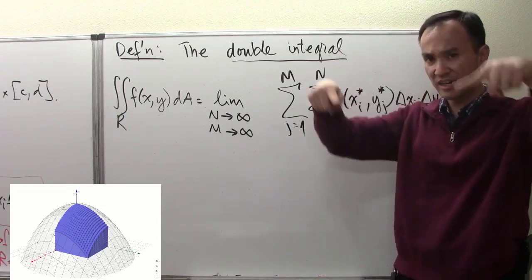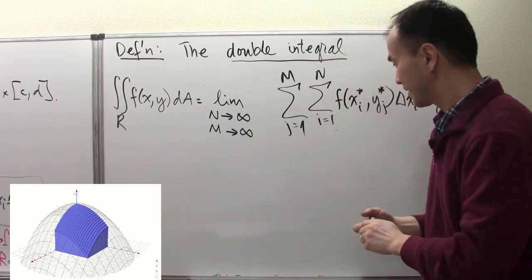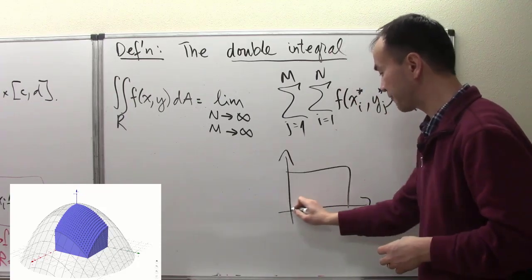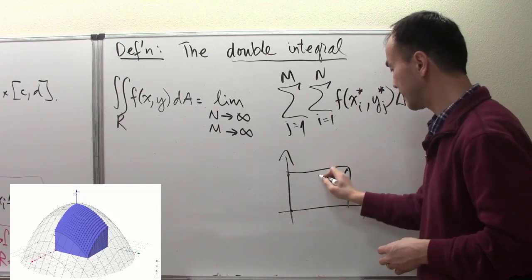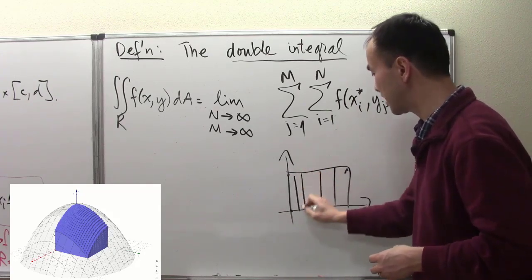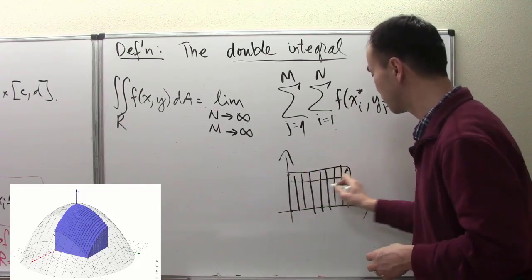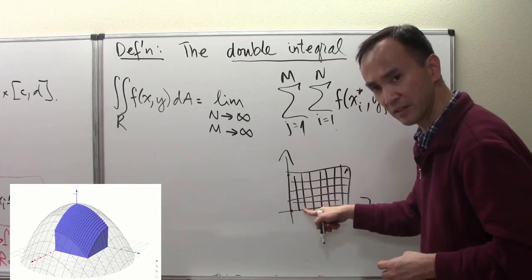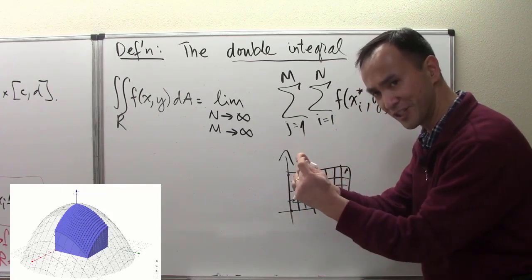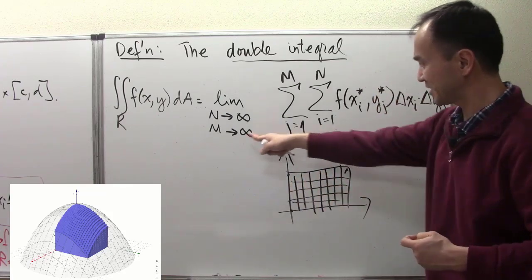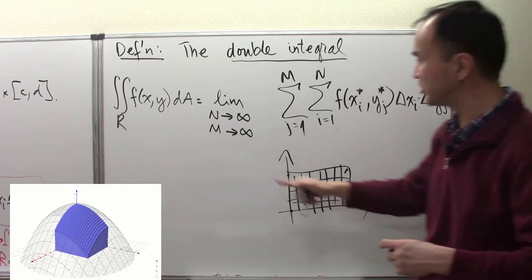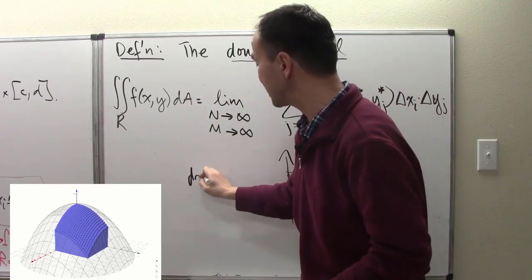Once we're in that fixed rectangular region, if we keep breaking into more subintervals, each width and length of the rectangle is going to get smaller and smaller. And eventually when it gets infinitely many, each of these becomes so small that they become simply a dx times a dy.